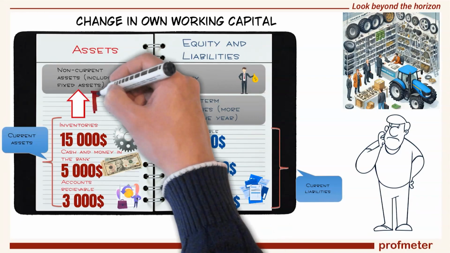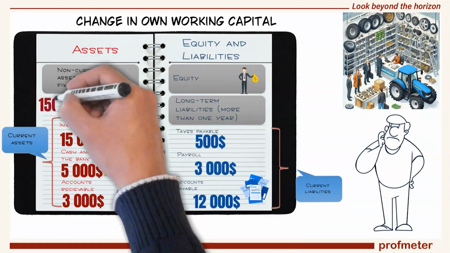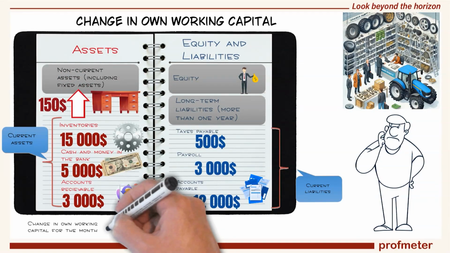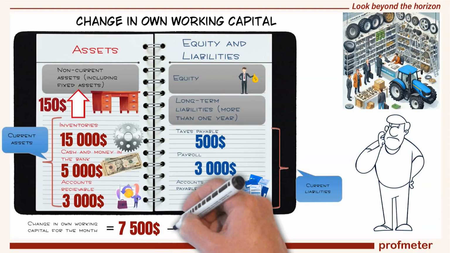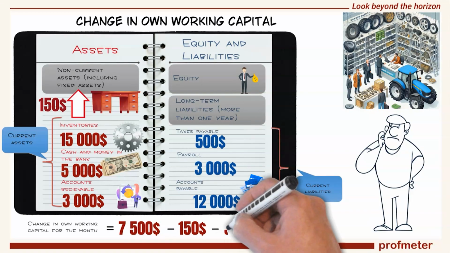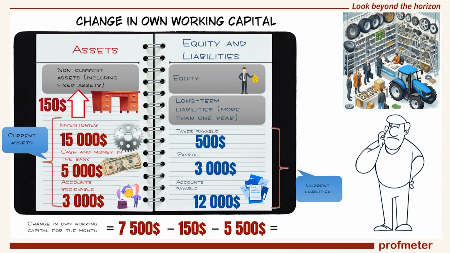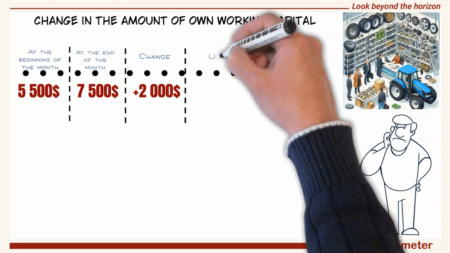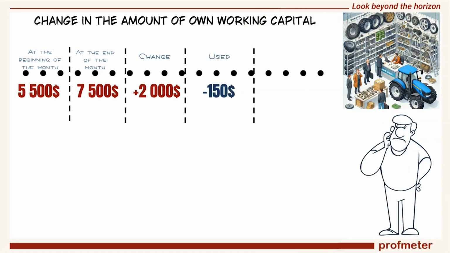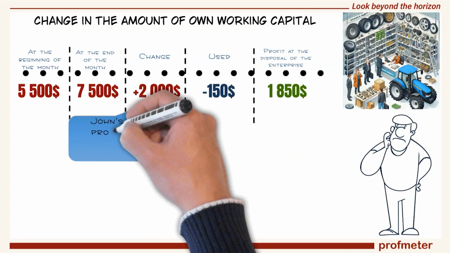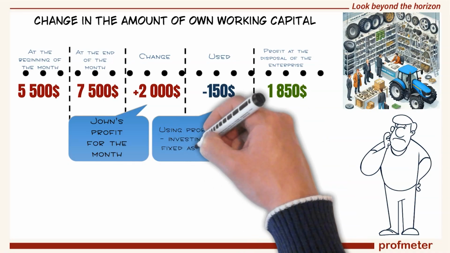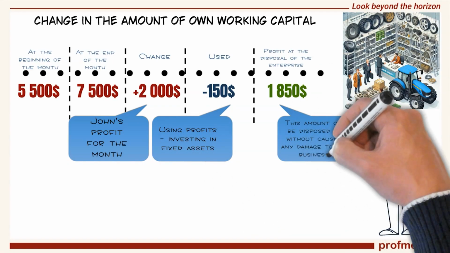John remembers that he bought a new desk for $150 for his employees, but made no other unusual transactions. So we conclude that over the past month, he earned $7,500 minus $5,500 plus $150, which is $2,150. In this case, the $150 is profit usage, meaning his actual net earnings were higher, but we invested this $150 in fixed assets.